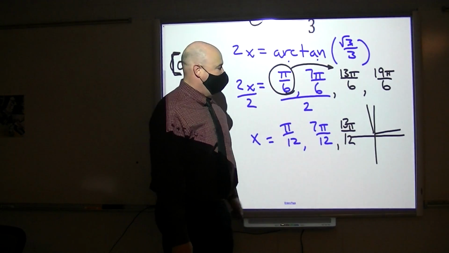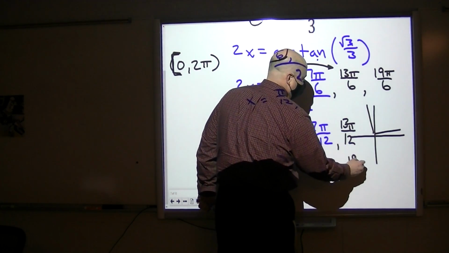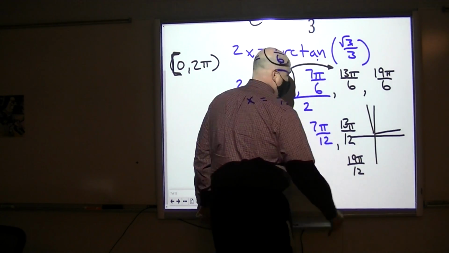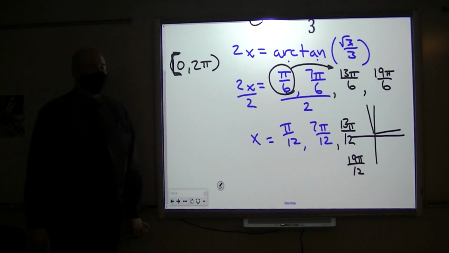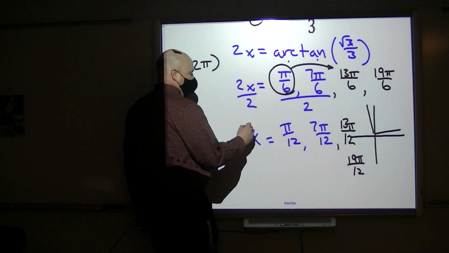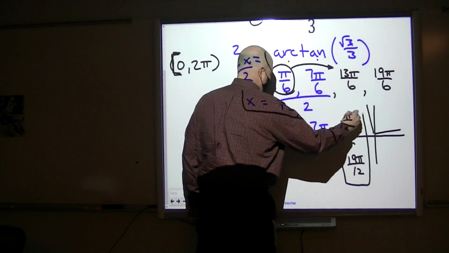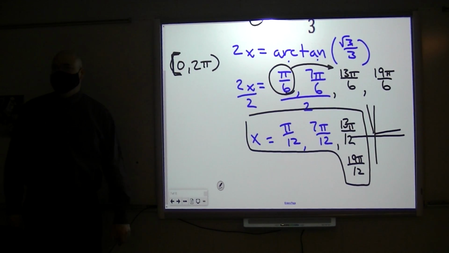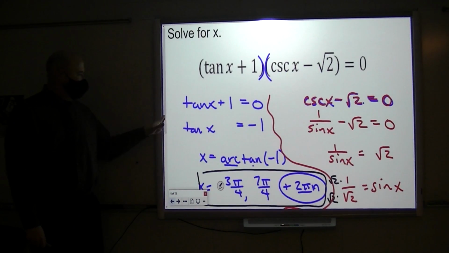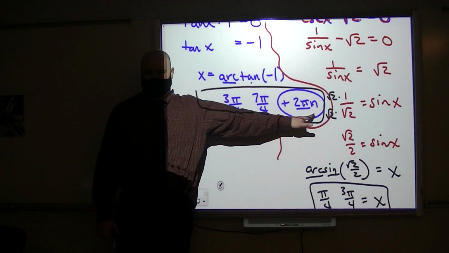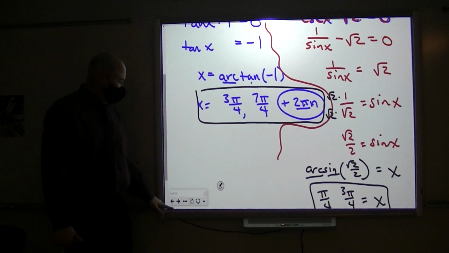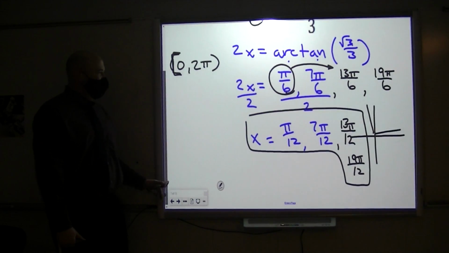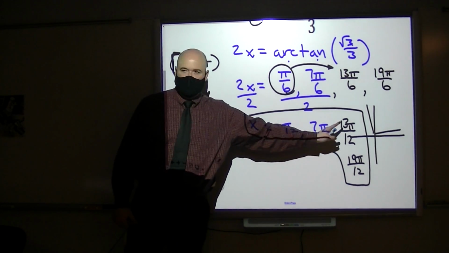And when I divide that by 2, I get 19 pi over 12. All of these answers are less than 2 pi. So instead of making our solution generic with this, we're actually finding those next two solutions.